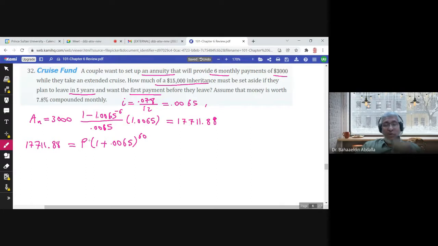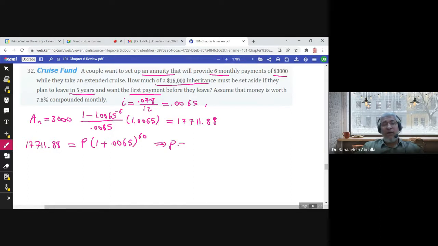Okay, so we need to know the amount of money they should put in the bank now, and after 5 years they will get 17,711.88, because this is what they need to start an annuity to give them what they need for the cruise, $3,000 per month. So that's easy.